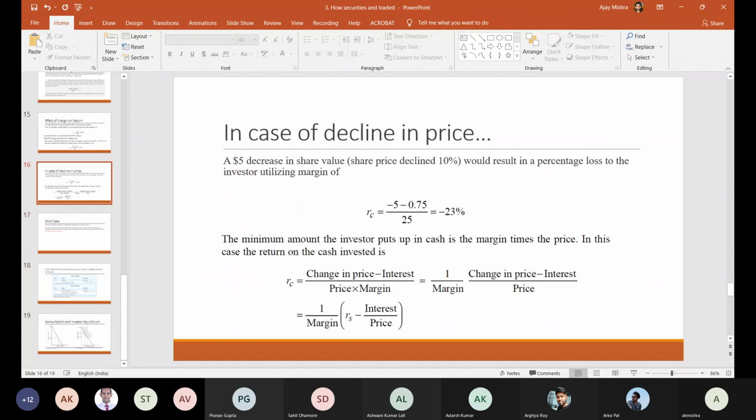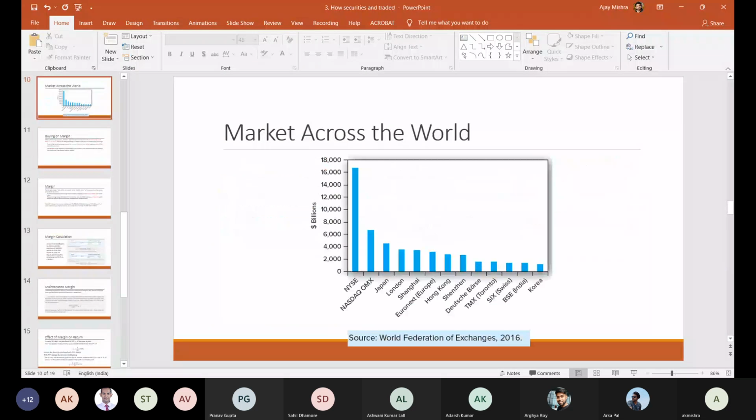So I'll be uploading both the slides, the previously discussed slides and this one, and from next week onwards we will be focusing on the theoretical part, basically Markowitz's EV theory and various portfolio models. Now you all will have almost the same grounding, whether or not you have studied this kind of topic or course previously. But now I believe everyone will have the same footing.